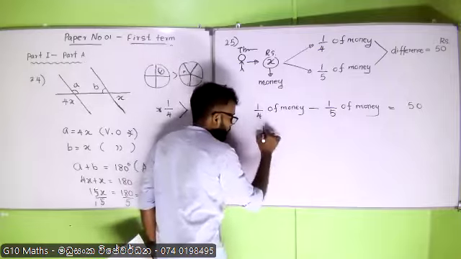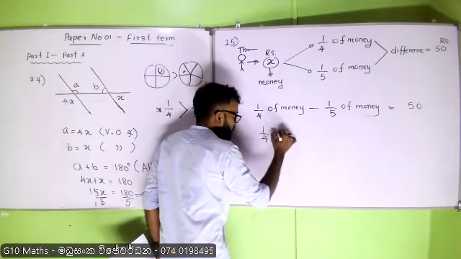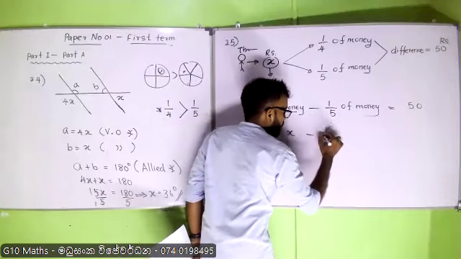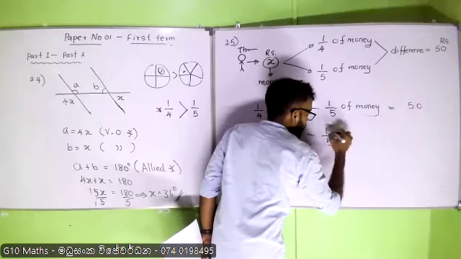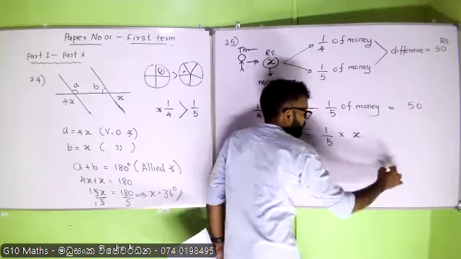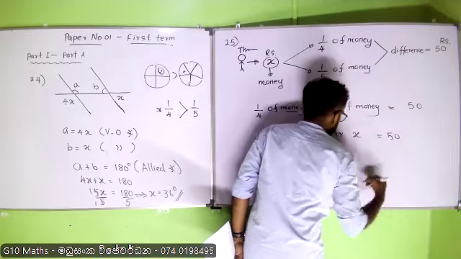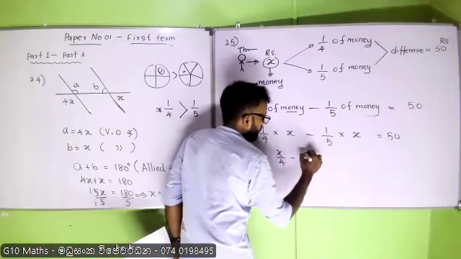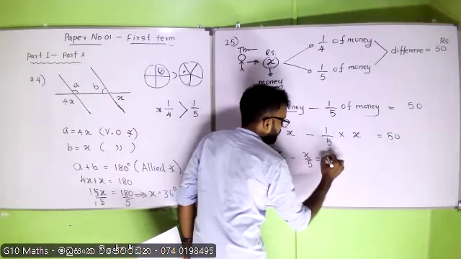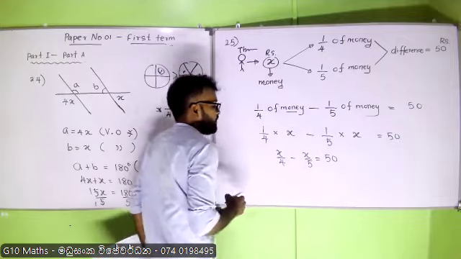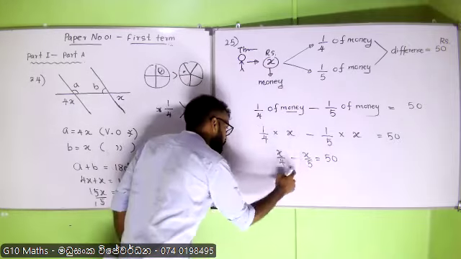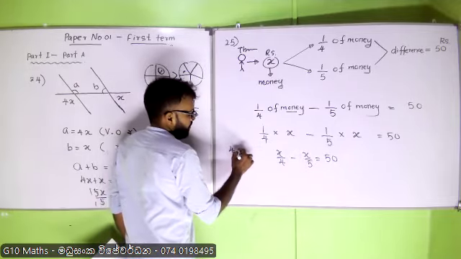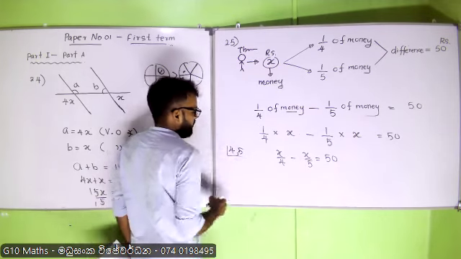So 1/4 of means multiply by x, money means x, minus 1/5 of money means x, equals 50. So this is x divided by 4 minus x divided by 5 equals 50. How are we going to find the common denominator of 4 and 5? LCM, or you can just multiply them together.